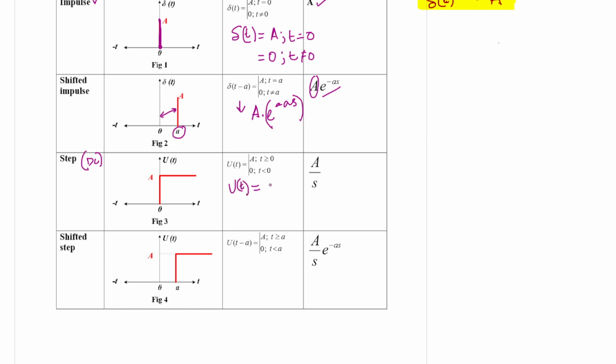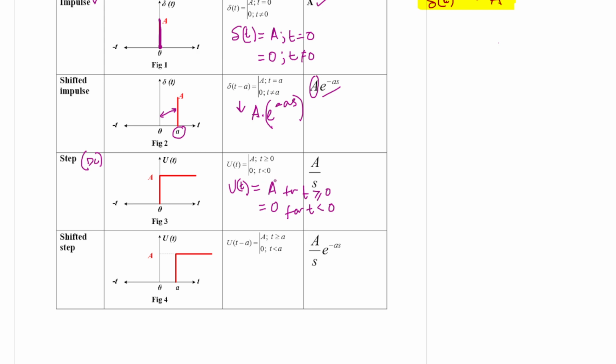It has some magnitude A, which it maintains, as is characteristic of a DC voltage or DC battery, for t greater than or equal to 0, and it has magnitude 0 for t less than 0. This is the step function, or you can say it is a DC source.